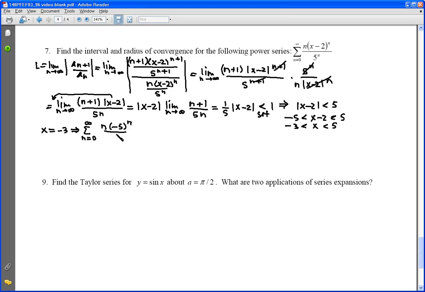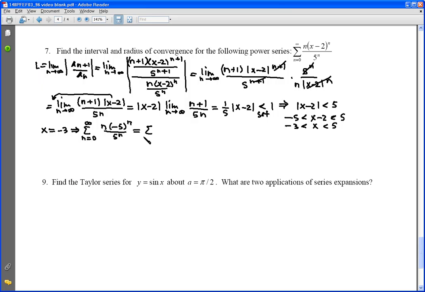And then down on the bottom we got a 5 to the n. And so negative 5 over 5 is just negative 1, and that's got an n power on it. So these n 5s will cancel the n 5s out of there.